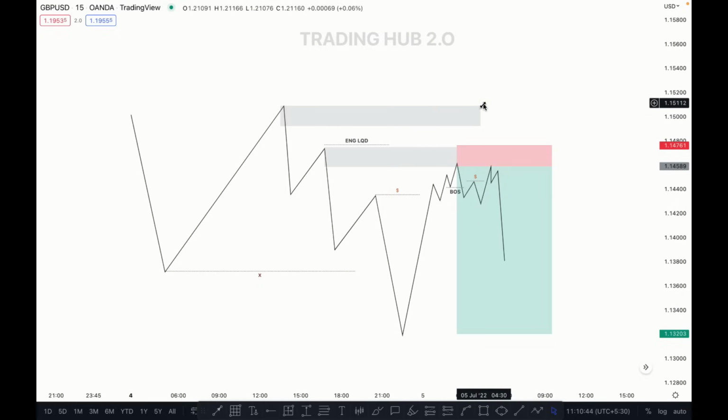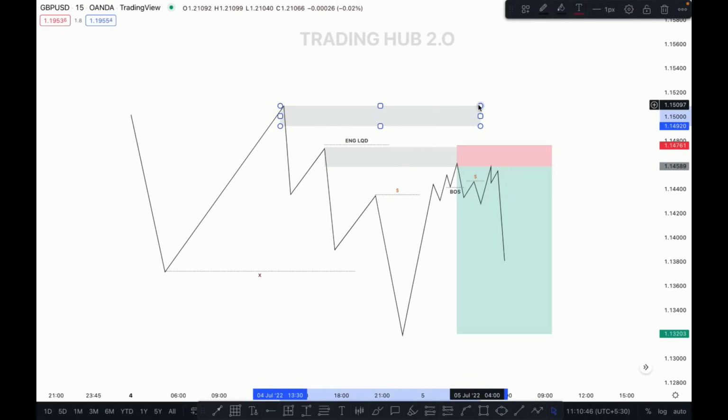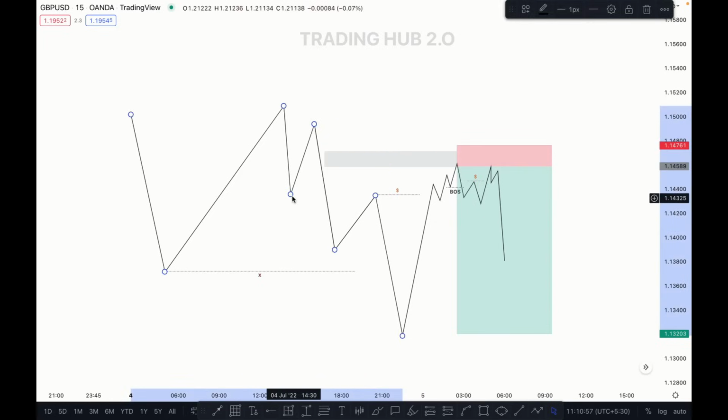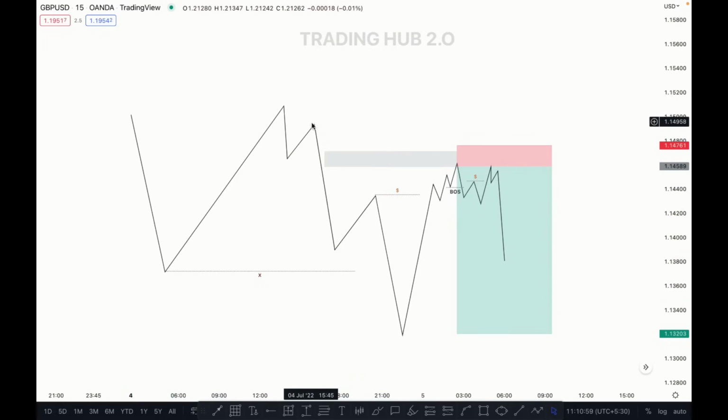If in case there is no engineering liquidity available, sometimes what happens is the market does not create engineering liquidity, and our inducement and engineering liquidity are both on the same point. Sometimes the engineering liquidity is already mitigated, so there is no unmitigated supply zone above it.